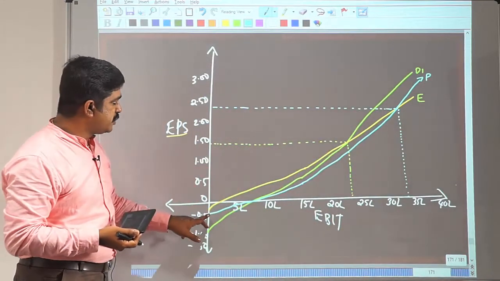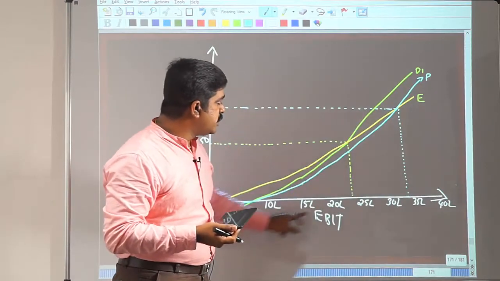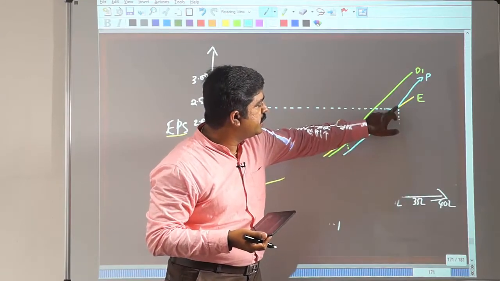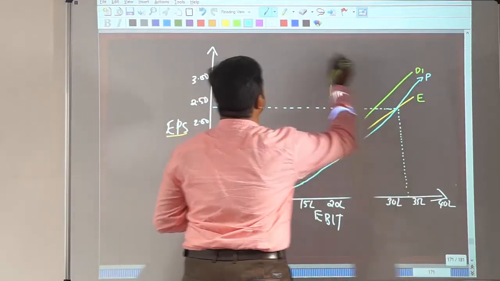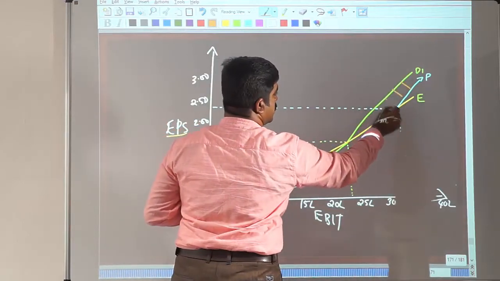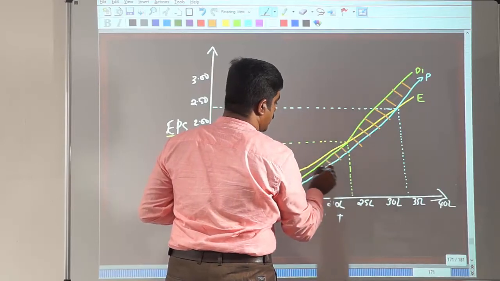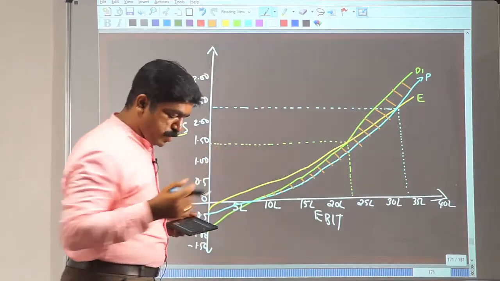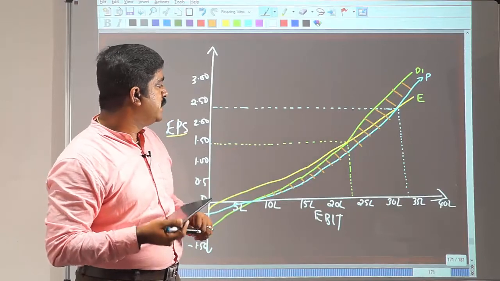And if you look at the preference share capital, it was growing with growth in EBIT, but somewhere at 34,40,000 it intersected with the equity, and beyond that preference also started taking the lead, but please note that it is always lesser than the debt option, because there is always a line of difference between debt and preference. And why this happens, as explained, it happens because of the tax effect. So this is about the indifference chart.